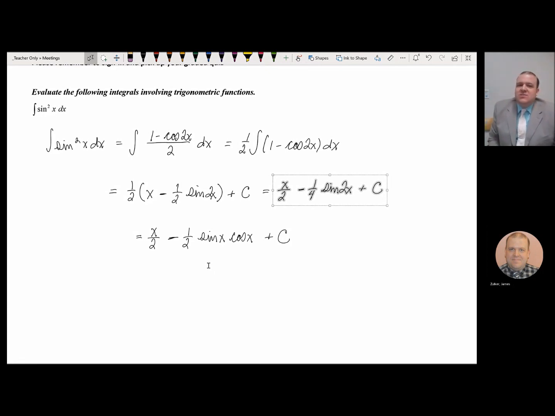I got lost. Where did you get 1/2 sine 2x from? U sub. For cosine of 2x, let u be 2x. What's the derivative? So u substitution, change of variable from Calc 1. Oh, because I did it in my head. So just write out u equals 2x, right? Oh, that's right.